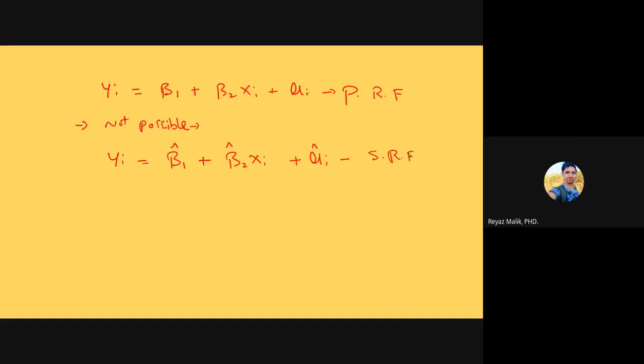Fine. So what is the property now? Why is it called the sample regression function? These are called beta 1 cap, beta 2 cap, and u cap. These are called estimated.